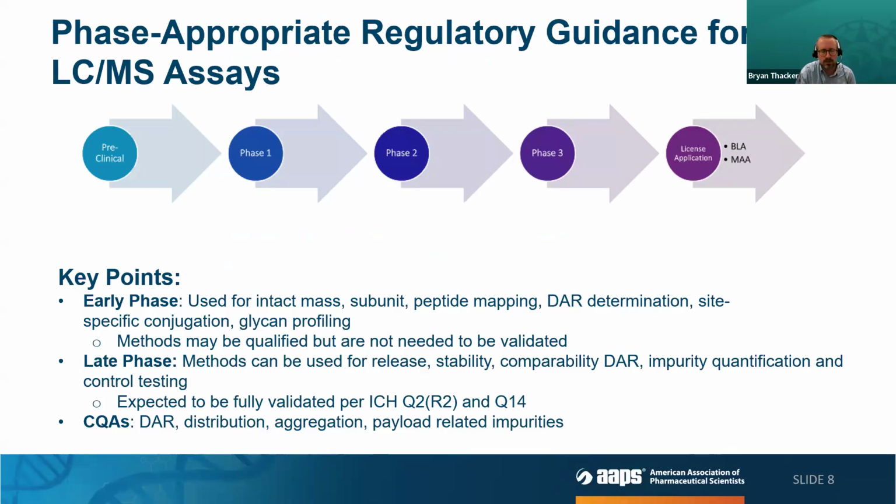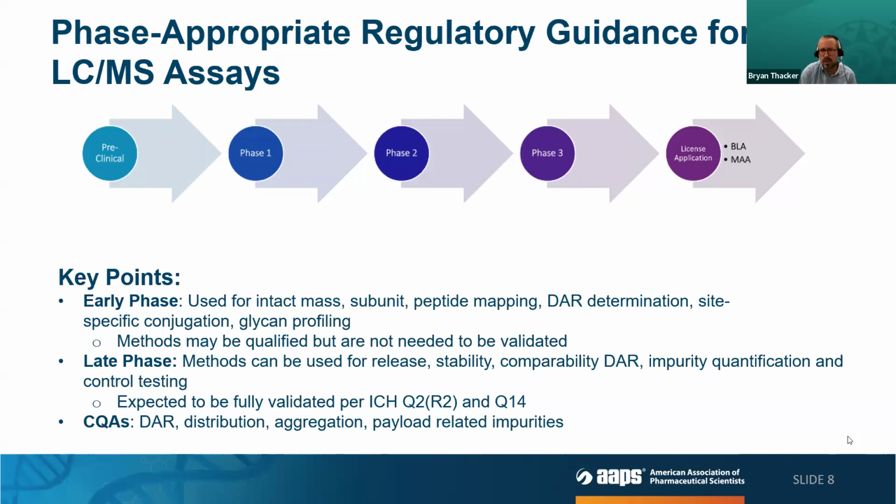As indicated by ICH guidelines, early phase efforts in development for the LCMS assays for ADC characterization can be used to interrogate intact mass, subunits, peptide mapping, DAR determination, and a host of other things, which we'll touch on in the technical aspects. Early phase, these may be qualified assays, but need not be validated. However, when you move to later phase efforts, it is an expectation that you'll use fully validated methods.